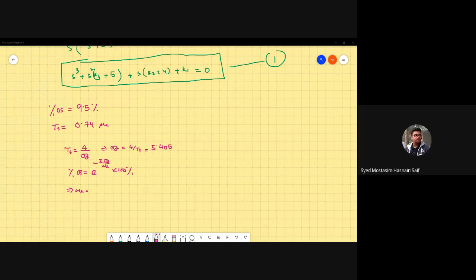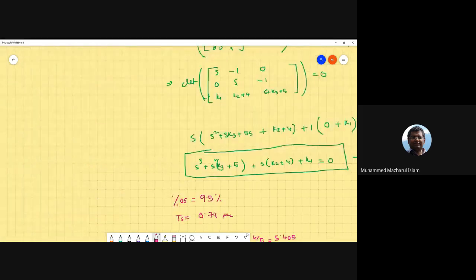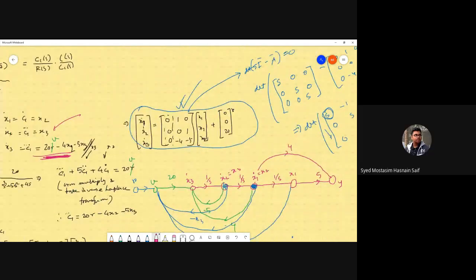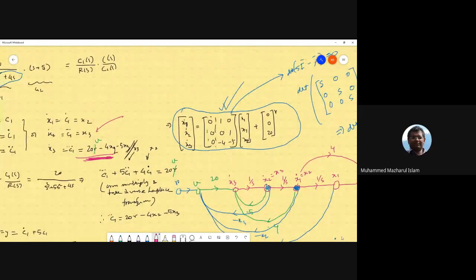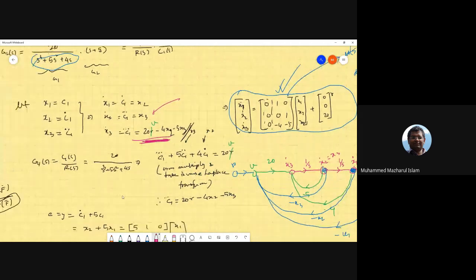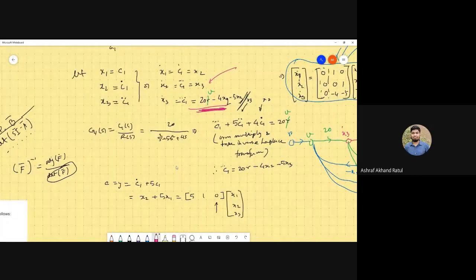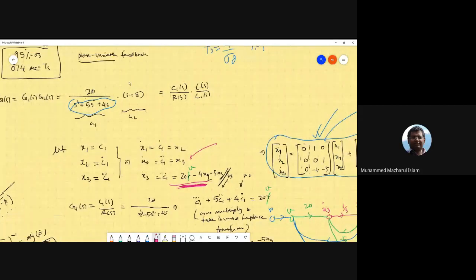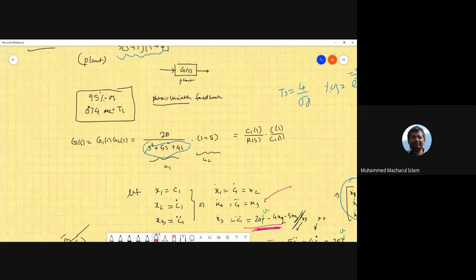Sir, percent overshoot is 9.5%. I don't really recall. I wrote it down somewhere. I think it's 95%. Sir. No, really, 95% overshoot. That's insane. Why would you need 95%? No, sir, 9.5%. Should be 9.5. Okay, sir. 9.5%. 95% overshoot means the magnitude almost doubles.